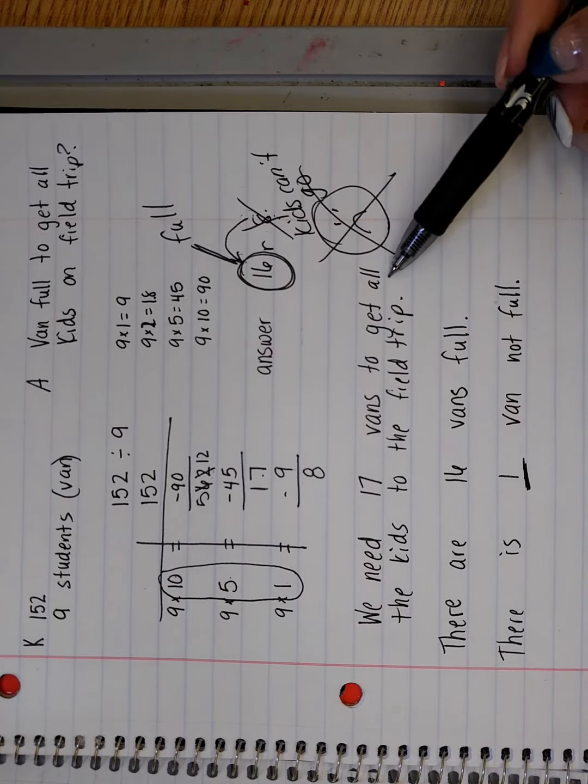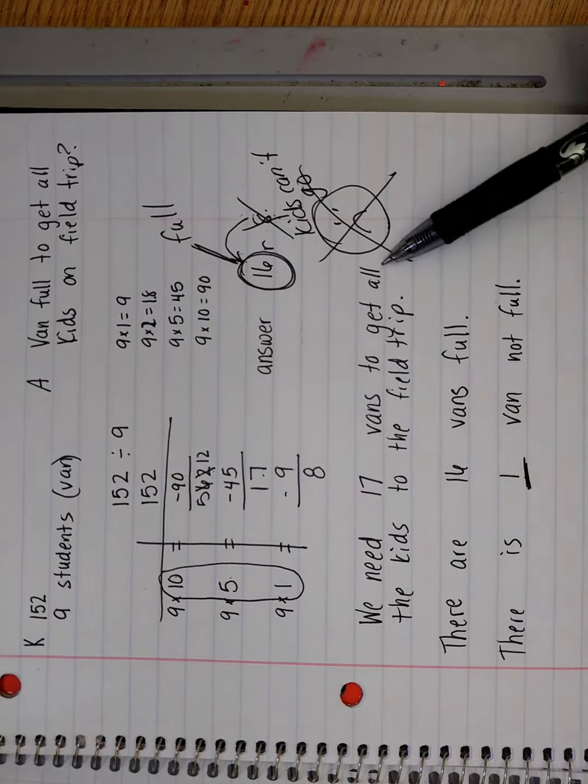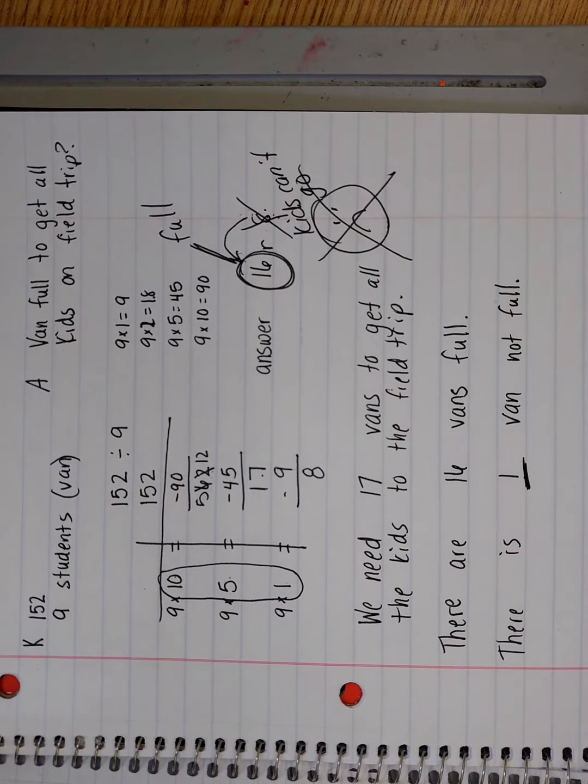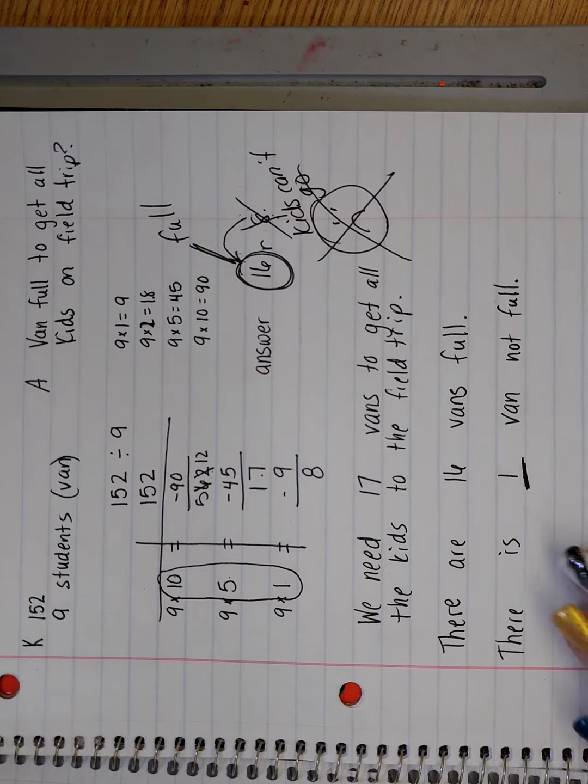So that's what we're talking about when we're talking about interpreting remainder. Do we need to increase our quotient? Do we need to tell how many are full, or do we need to tell how many are not full? Again, there are 3 that are like that, interpreting the remainder.